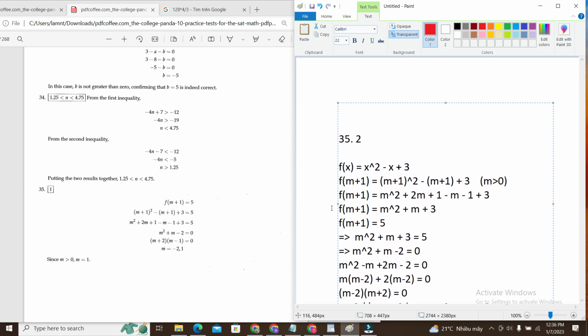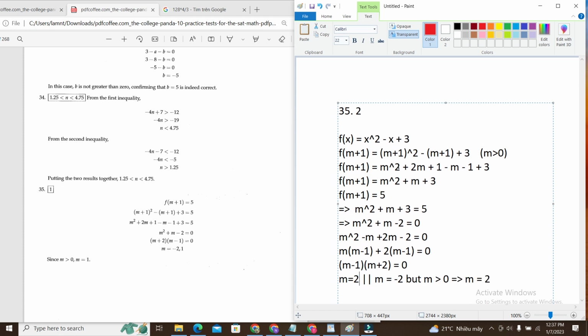Okay, I make another mistake. 35 is 1. The equation is correct here, but there was some error. I'm sorry, it's m minus 1 here. So many mistakes. Miscalculation: m is equal to 1 or m is equal to minus 2, but m is bigger than 0, so m is equal to 1.